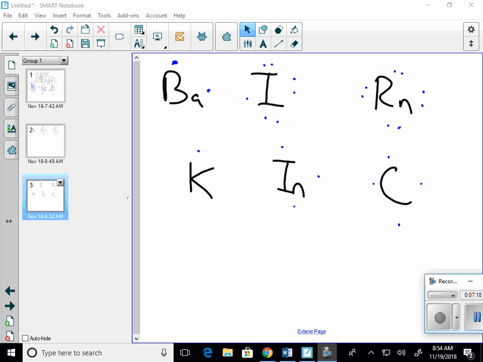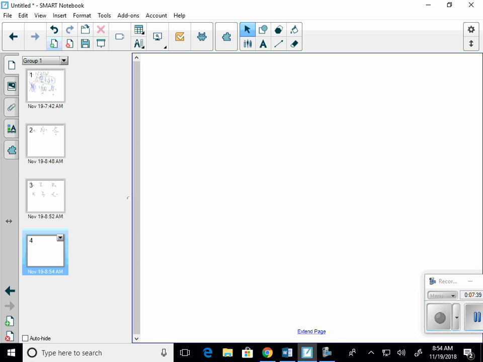What we are going to work on today with Lewis dot is how to draw out the Lewis dot for ionic compounds. Lewis dot activities are going to continue over the next couple of weeks. When we introduce a new type of bonding, we will go over how to draw out that molecule. So, I try to break this down into steps.